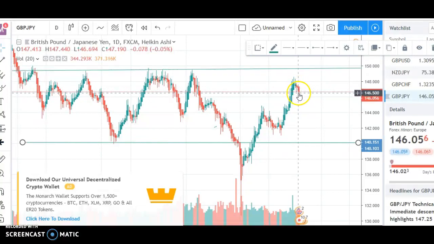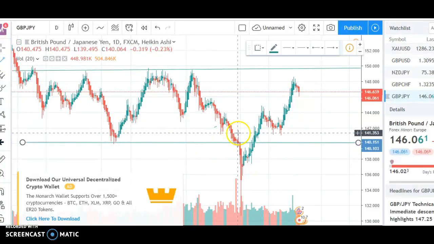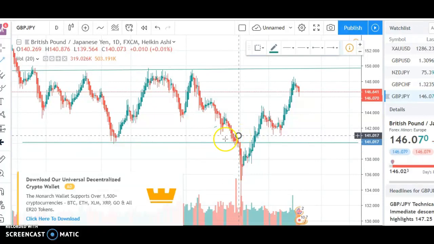Because right now it's selling, you can actually place a sell trade, because at this point, look at this. It has a destination at this point. This is the destination.